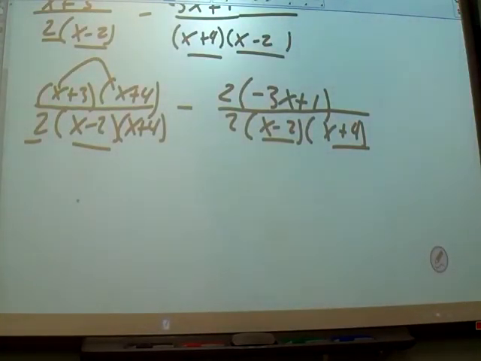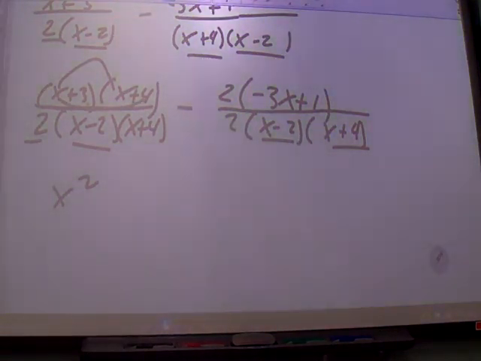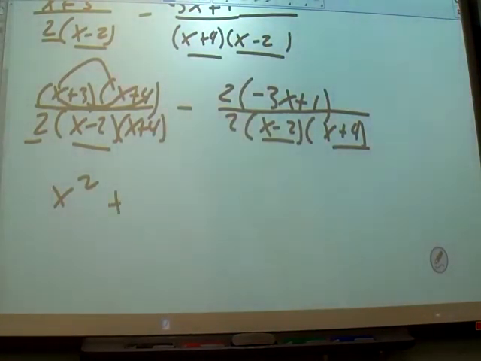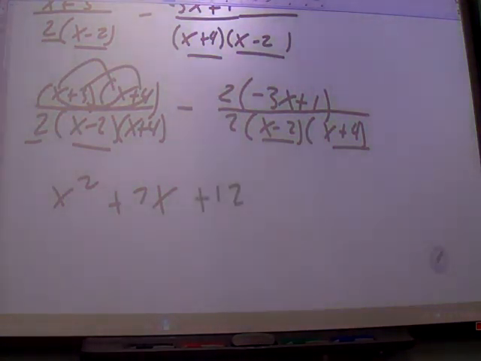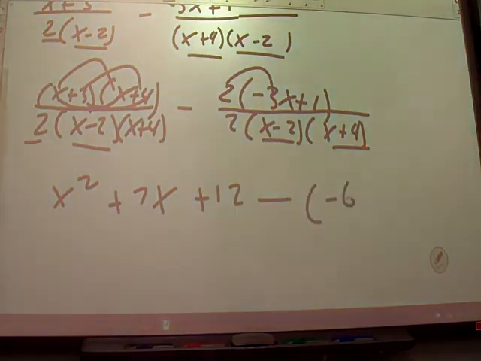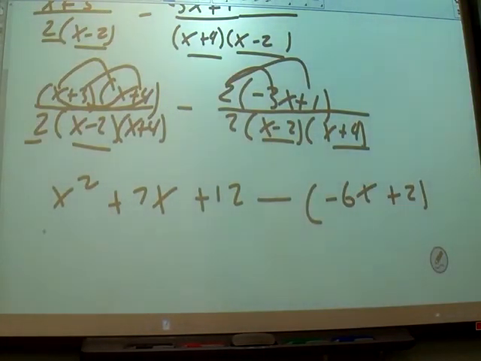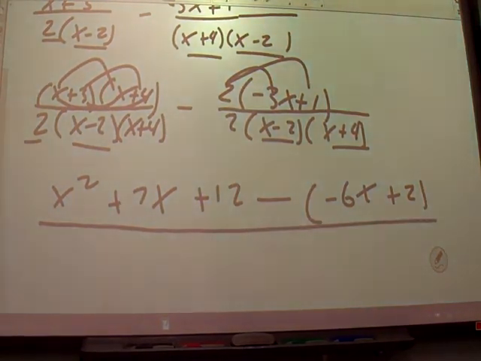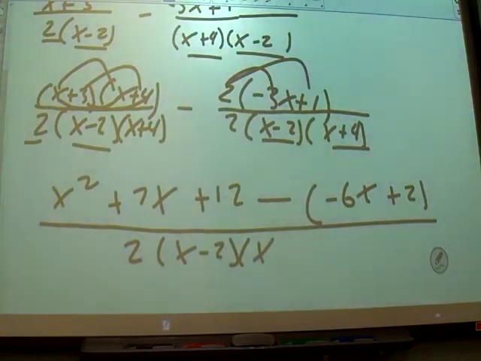Gets me an x squared. Here I've got a 4x and a 3x, so that makes 7x plus 12. And I'm going to be subtracting negative 6x plus 2. And that's all over my common denominator.